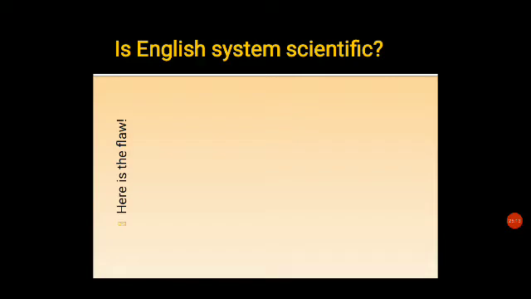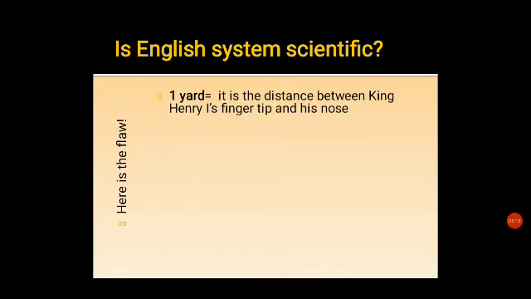So, what is the difference between these two? Well, in the English system, the standard is today not existing. For example, when we talk about 1 yard, this is actually the distance from the tip of King Henry's nose to the tip of his finger.